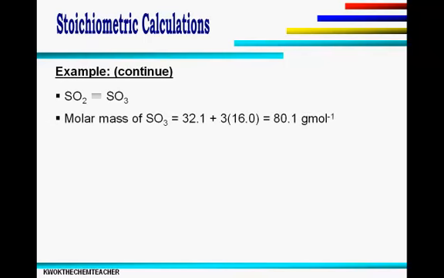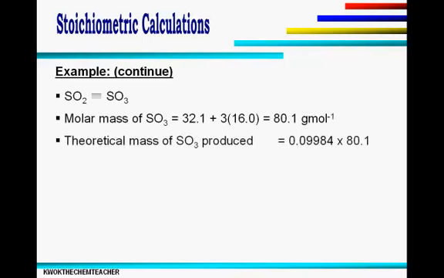Alright, so the molar mass of sulfur trioxide is 32.1 plus 3 times 16, that will give me 80.1. Hence, the theoretical mass of sulfur trioxide that can be produced would be 0.09984 multiplied by 80.1 to give me 7.997 grams.